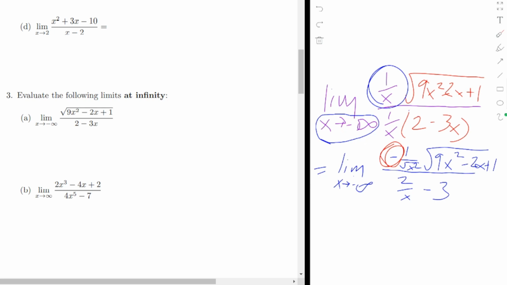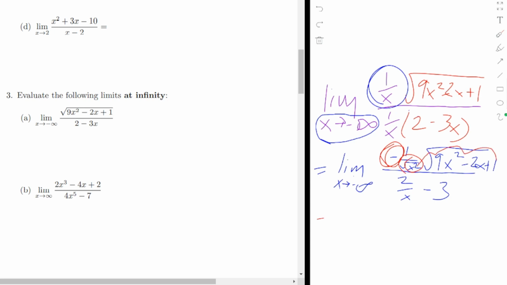And in order to rewrite x as something involving a radical, we couldn't just say that x is equal to the square root of x squared. x is equal to negative square root of x squared for negative numbers. Now I can distribute this over that.